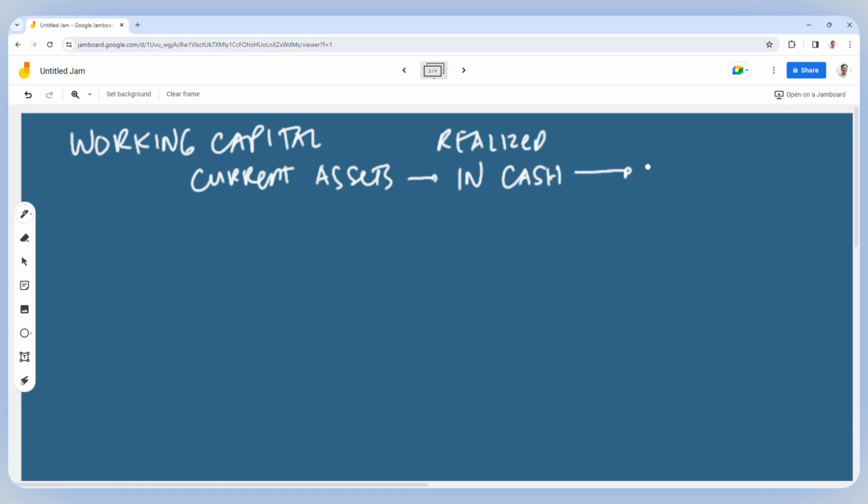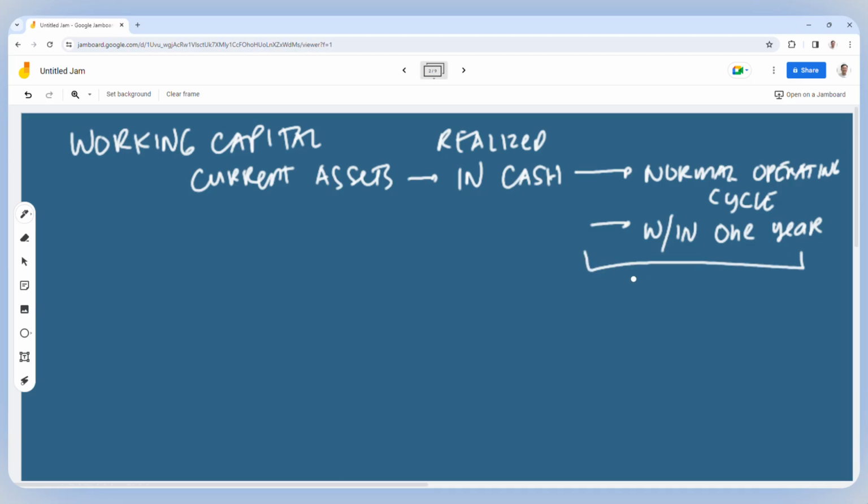Ano ba, class, ang ibig sabihin ng normal operating cycle? Ibig sabihin, yung usual na ginagawa natin, like selling your inventory. That would be your normal operating cycle. Or within 1 year. Please take note, it should be whichever is longer.